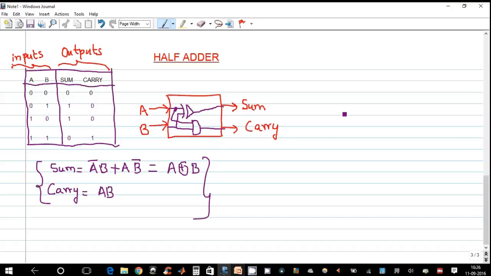So the delay of the half adder, we will be noting down the delay of each and every combinational circuit. So the delay here is equal to maximum of the delay of this or this, since they are in parallel. Whichever is the maximum, the XOR or the AND gate, that results in the overall delay.